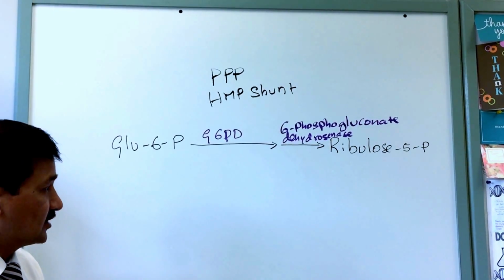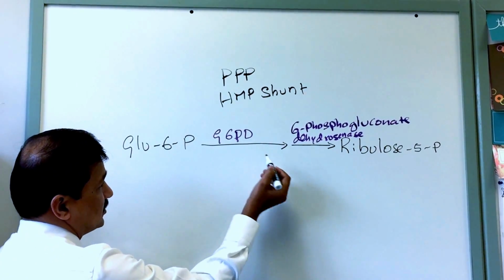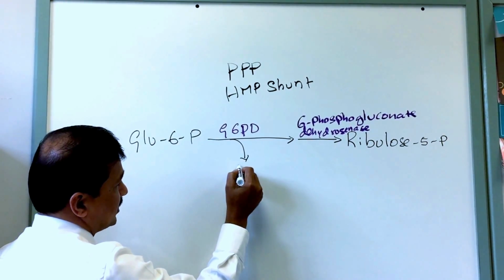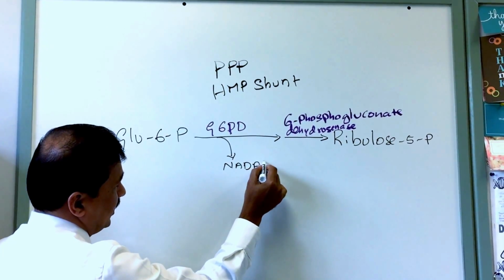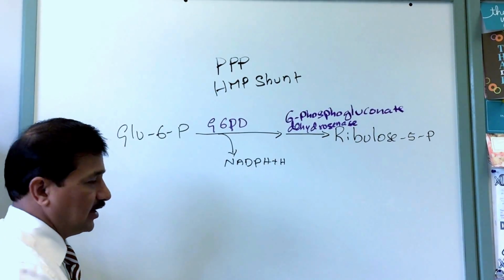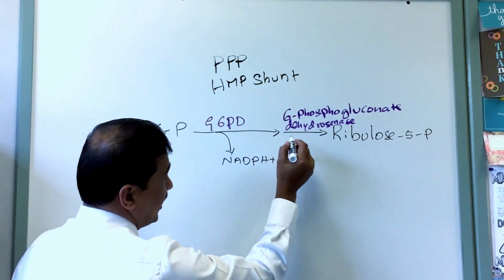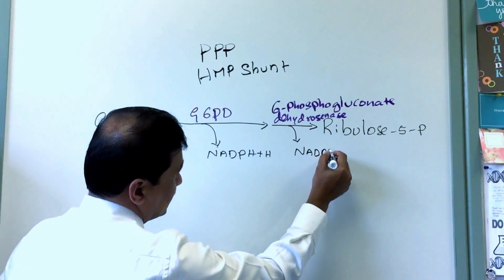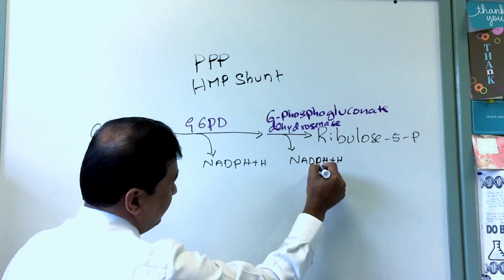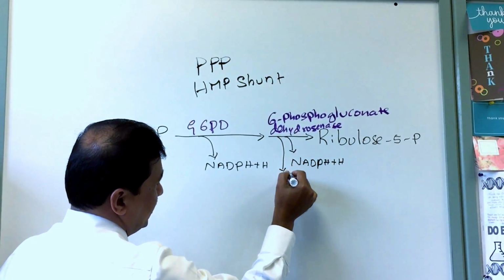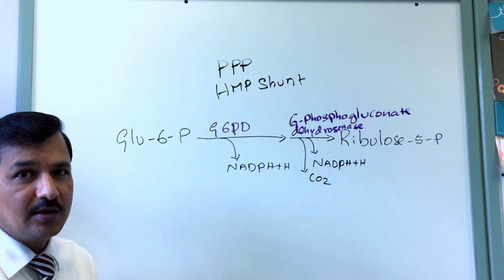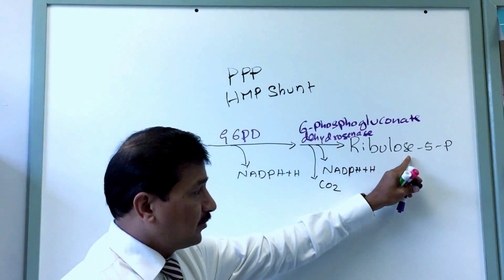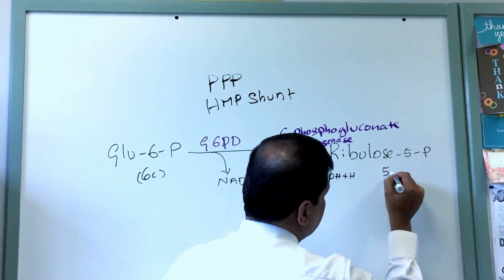So what happens in these reactions is, in the glucose 6-phosphate to 6-phosphogluconate step, there will be release of one molecule of NADPH plus H plus. In the second reaction, another molecule of NADPH plus H plus is released, along with carbon dioxide. It means glucose 6-phosphate is a 6-carbon compound, and now you are getting ribulose 5-phosphate, which is a 5-carbon compound.